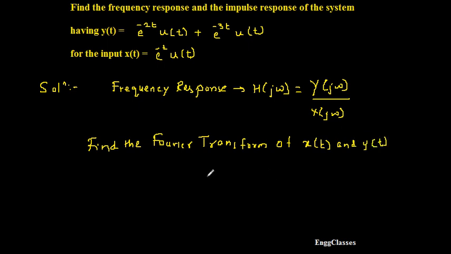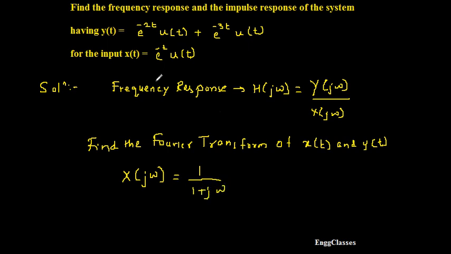If I take the Fourier transform of x of t, I'm straight away going to get X of j omega. And x of t is e to the power minus t u of t. What is the Fourier transform of such a signal? I can write this answer straight away as 1 divided by 1 plus j omega.